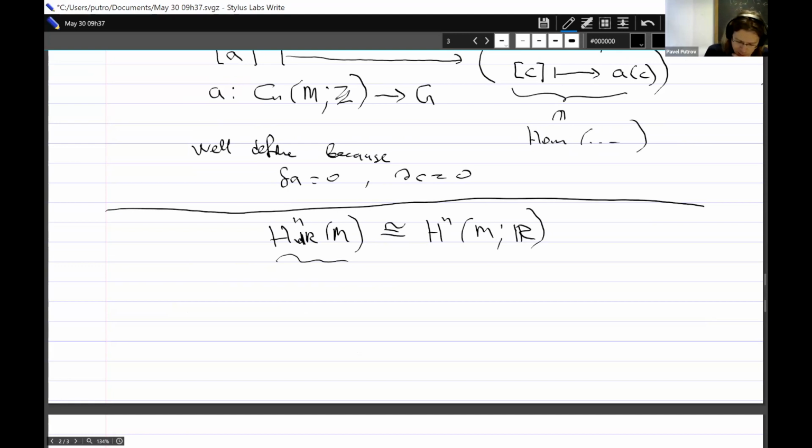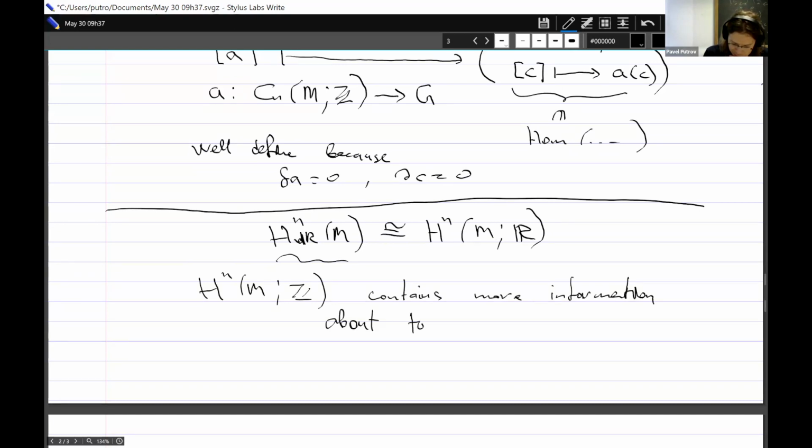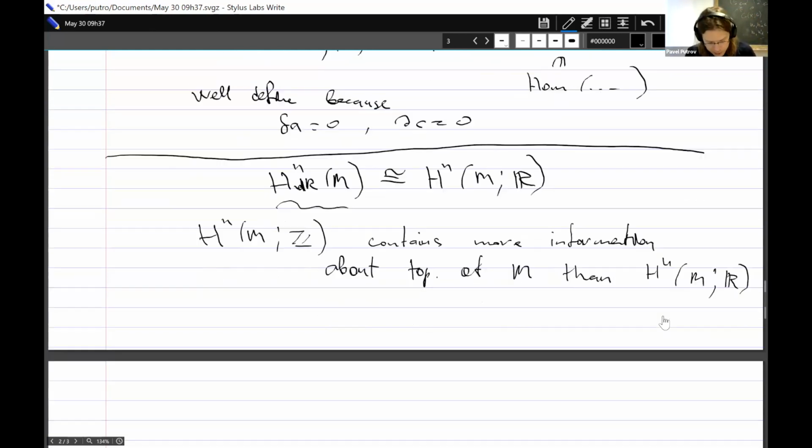But the problem is that when we consider, for example, homology groups with integer coefficients, this in general contains more information about the topology of M than homology with real coefficients, which is isomorphic to the de Rham cohomology.